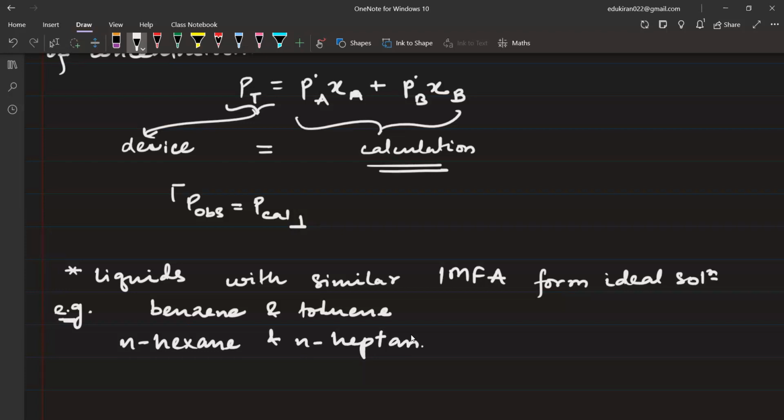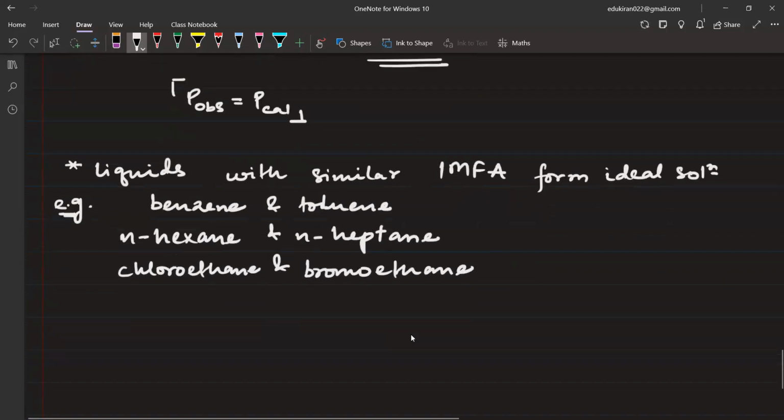Both of these are liquids and both form ideal solutions. Similarly, chloroethane and bromoethane. Both are equally polar and both have similar intermolecular force of attraction. That is why they form ideal solutions.